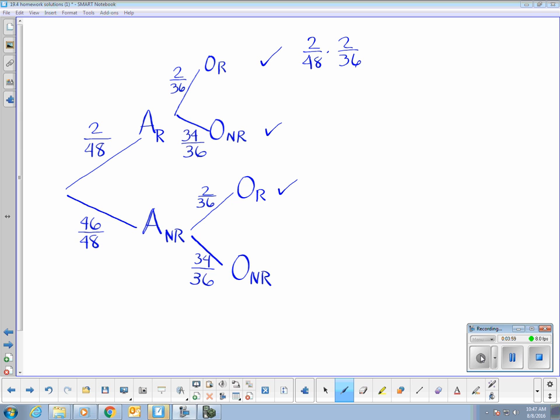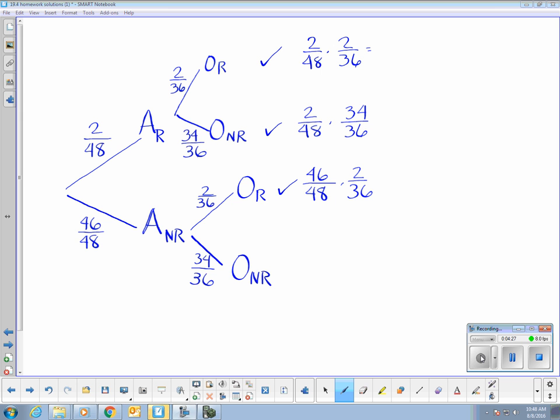The probability of getting a rotten apple and then a non-rotten orange is 2 out of 48 times 34 out of 36. And then the last path is 46 out of 48 for a non-rotten apple multiplied by 2 out of 36 for a rotten orange.